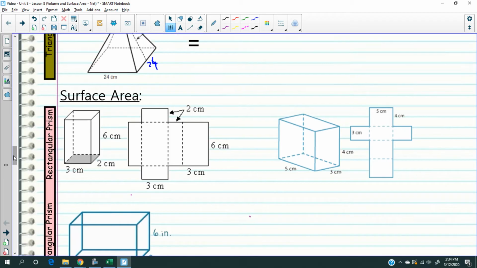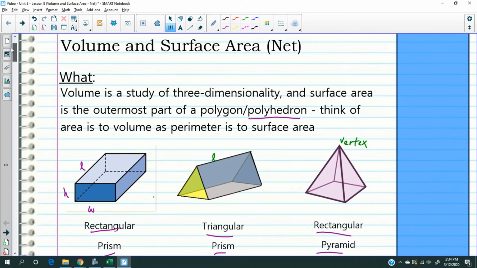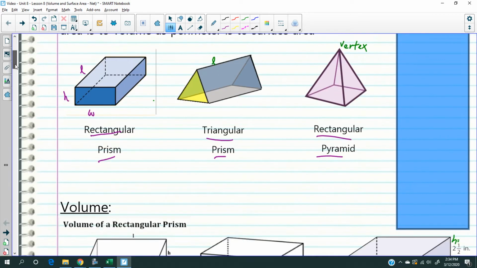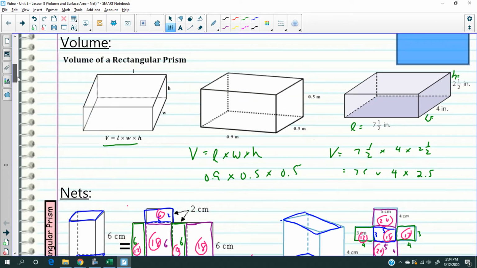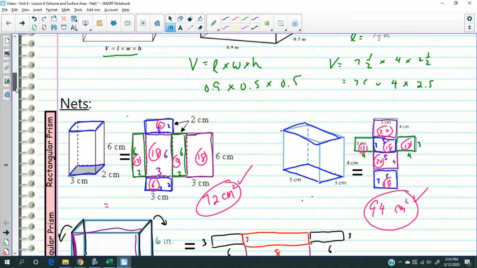So let me just take one last minute to summarize this with you. So today we talked about the difference between these 3 shapes: rectangular prism, triangular prism, rectangular pyramid. And then afterwards, we talked about how to find the volume of a box, rectangular prism.